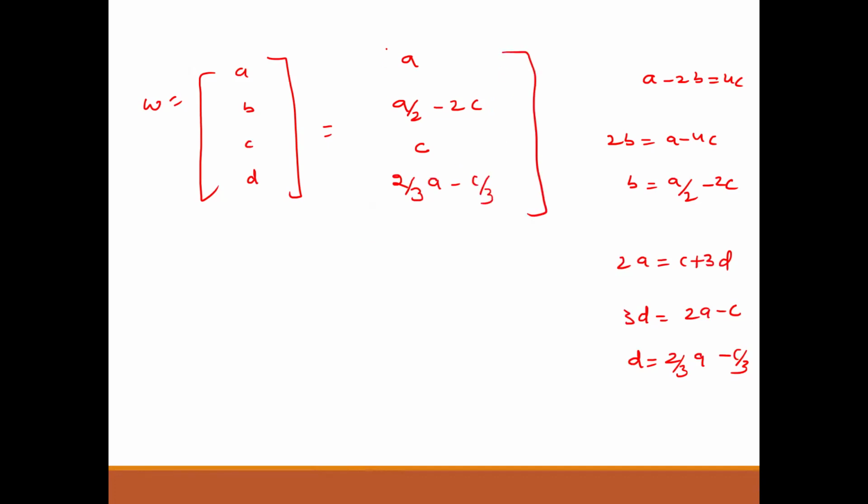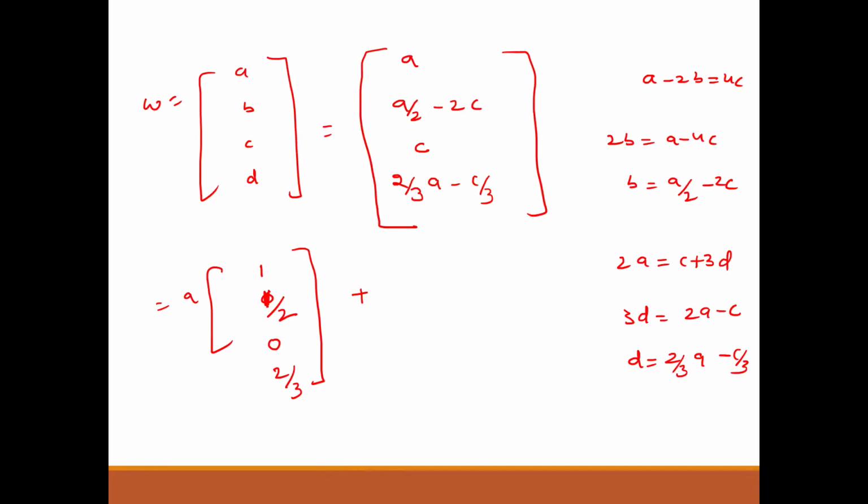So I have inserted the condition here and I have taken A common: 1, 1 by 2, 0, and 2 by 3. Next, if I take C common: 0, minus 2, 1, minus 1 by 3.